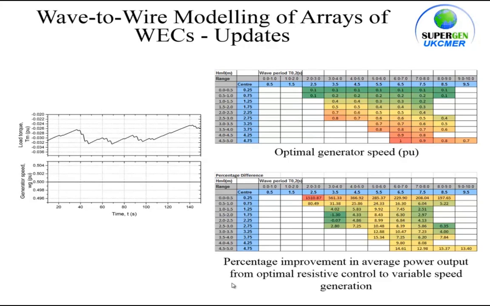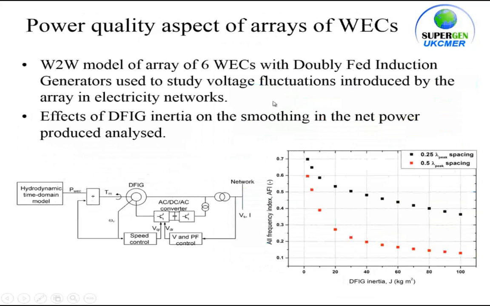The bottom graph is the percentage improvement that we get for those sea states in comparison to the power that we would get from optimal constrained resistive control. We're getting quite large improvements, usually between 3 and 10%. You will see one that's huge, at 1,500. That's basically because we're dealing with very small numbers here.